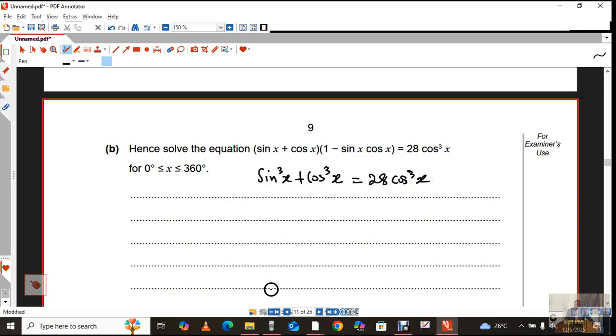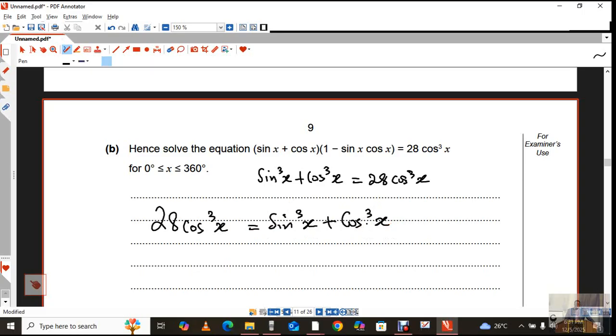I'm going to rewrite it with 28 cos cube x on the left: 28 cos cube x is equal to sin cube x plus cos cube x.